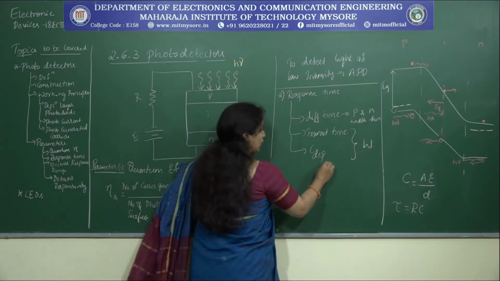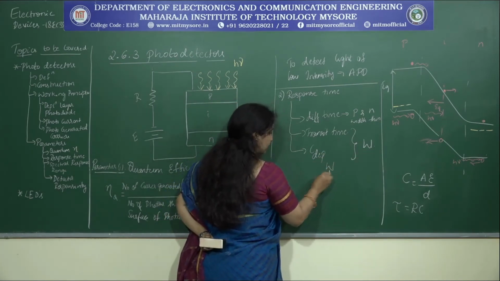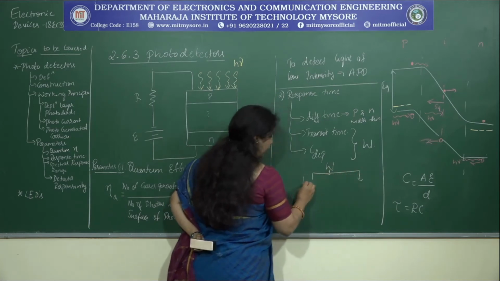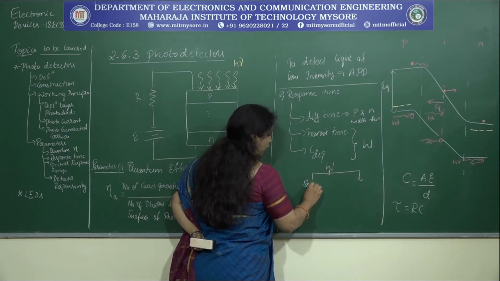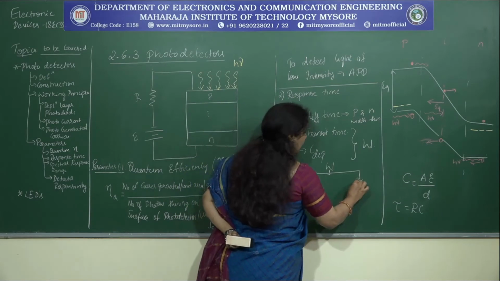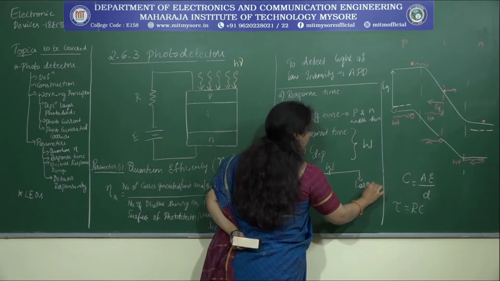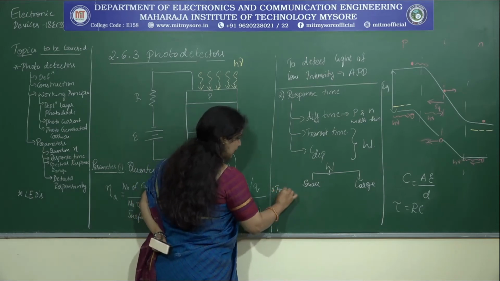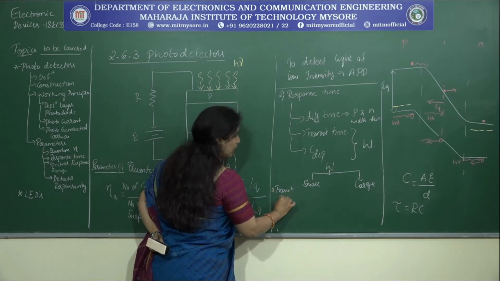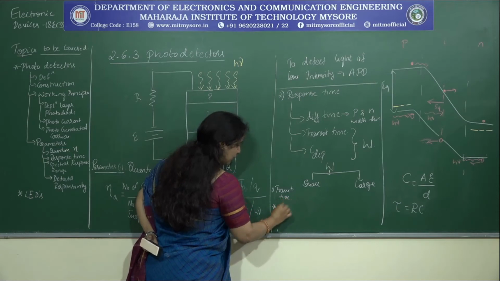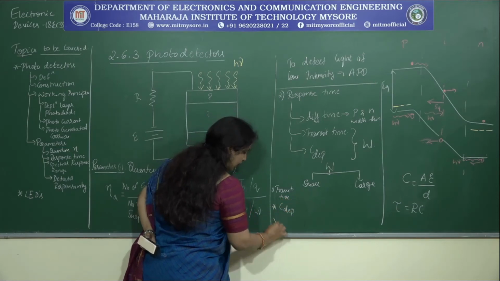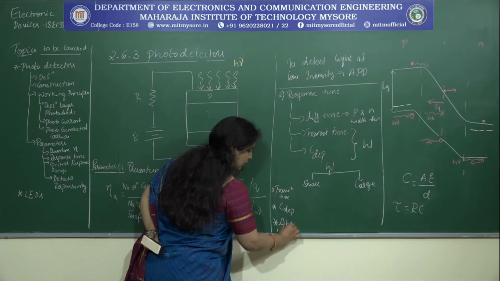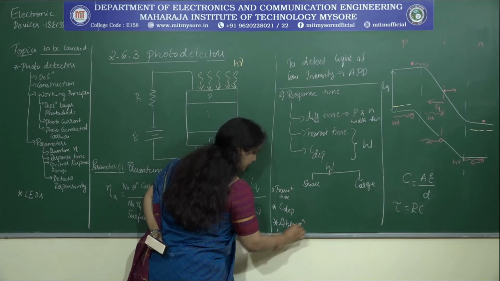Now, let me consider the width and see what factors it will impact if it is small, and what it will impact if it is large. What are the factors that I have to consider? It is the transit time, then comes the C depletion, and then one more factor, the absorption rate.